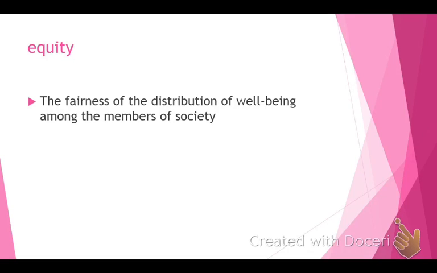So when we talk about fairness, if we were talking about equal, a person that works 40 hours a week would earn the same amount as a person that works 20 hours a week. That's not really fair, is it?